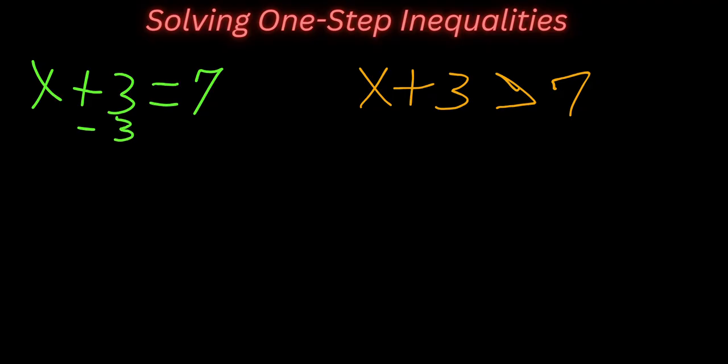x plus 3. Let's put up an equation in green and an inequality with everything the same except for the sign. There, equals 7. Now here's the beautiful thing, all the steps are the same.